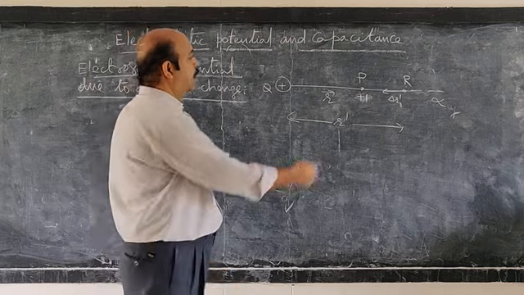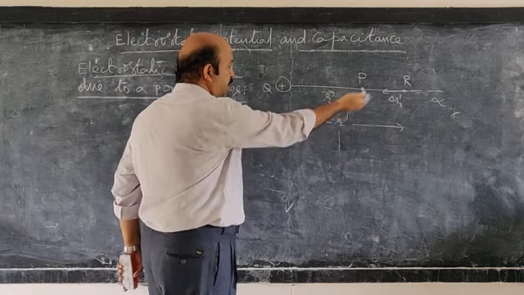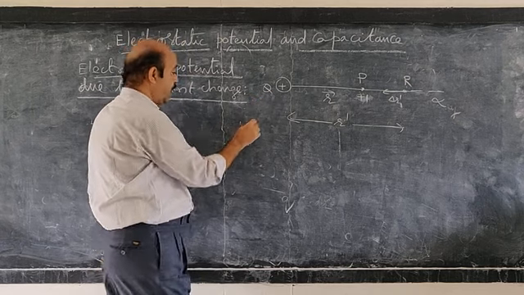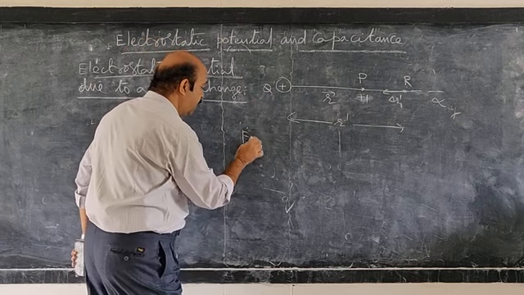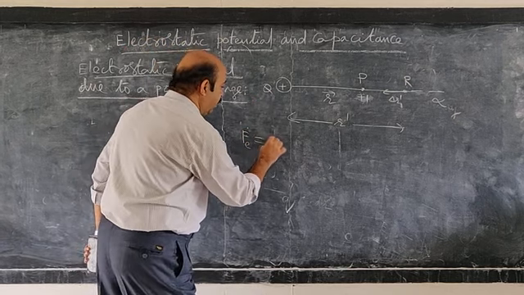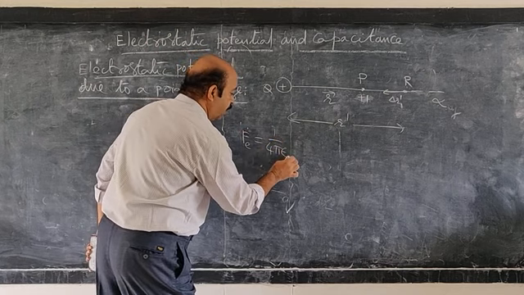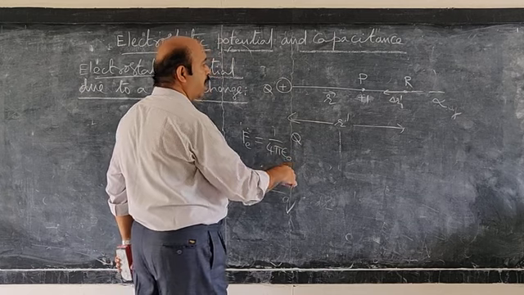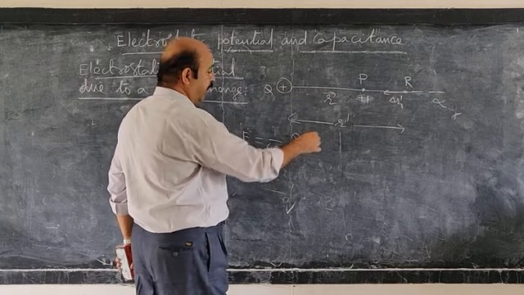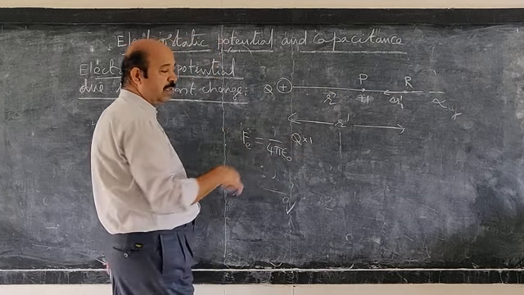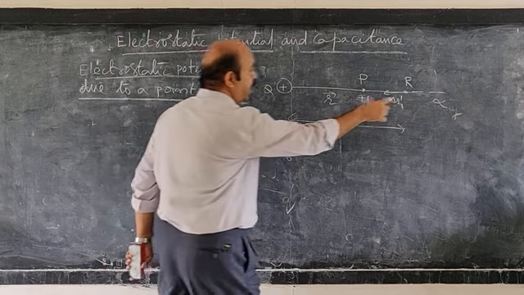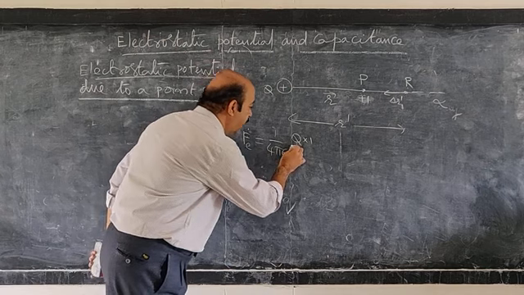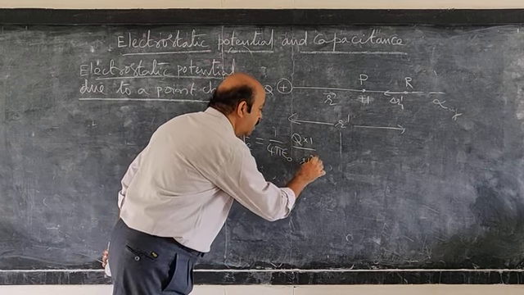We know that at this position, the electrostatic force due to this charge is given by 1 by 4 pi epsilon naught, according to Coulomb's law, times capital Q, multiplied by 1 because you are bringing the unit test charge, by r dash square.